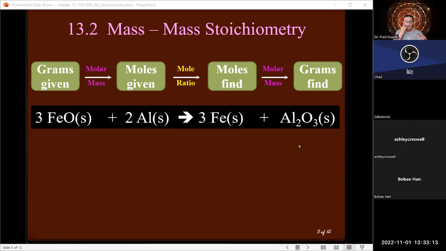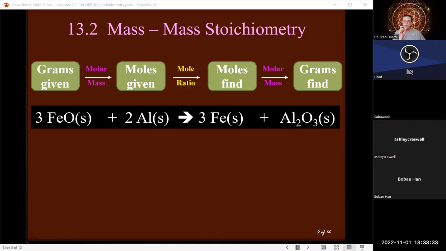So, if iron 2 oxide in the presence of aluminum, we actually give you iron plus aluminum oxide, what type of reaction would this be? Double replacement? Not quite.